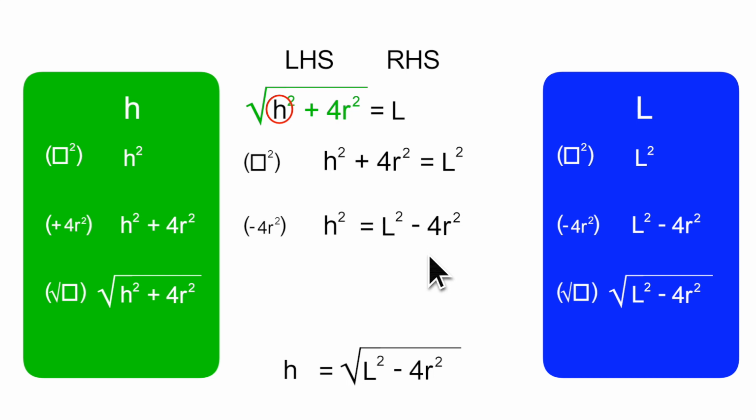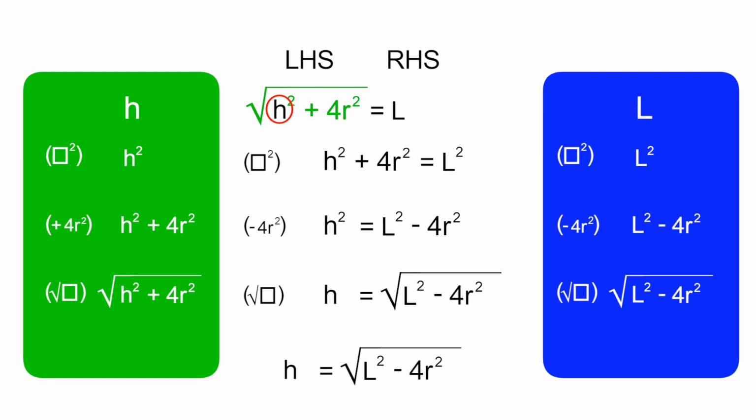And then finally, we find the square root of both sides. So we end up with h is equal to the square root of L squared subtract 4r squared. So look how the traditional method correlates to what we've done here. What I've been showing you is essentially the traditional method. I've just wanted to dig a bit deeper to see how the traditional method works and why it works.